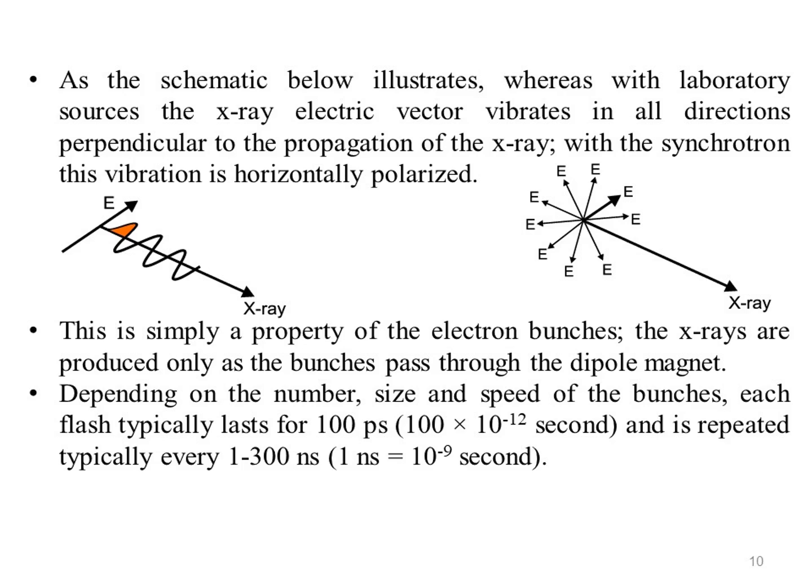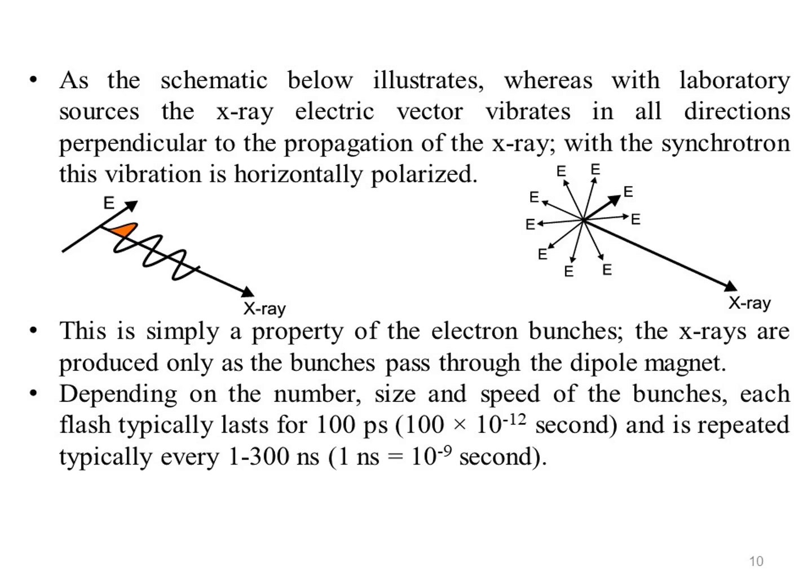Finally, the X-ray beam is not actually continuous in time but fires in extremely short bursts. This is simply a property of the electron bunches. The X-rays are produced only as the bunches pass through the dipole magnet.